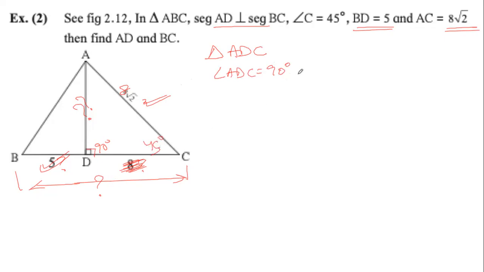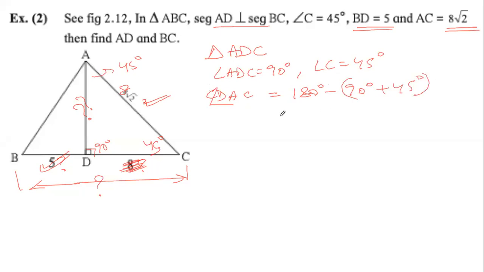Now using simple mathematics, we can find that angle DAC will be equal to 45 degrees. How? Angle DAC equals 180 degrees minus 90 and 45. This comes to 45 degrees.